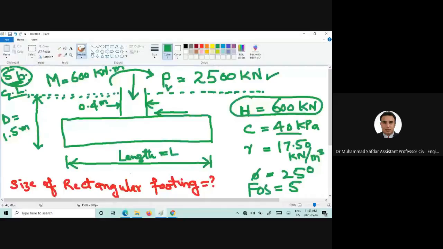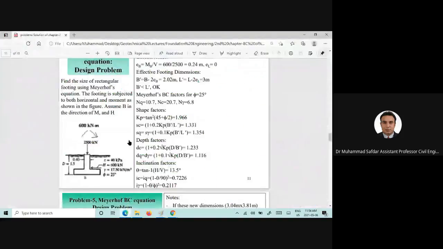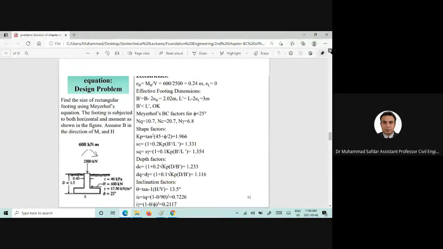All the loading conditions, moment, and the soil condition of 2.5 into 3 meter. Now, please solve this problem.